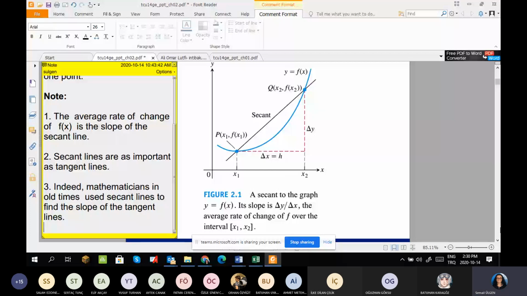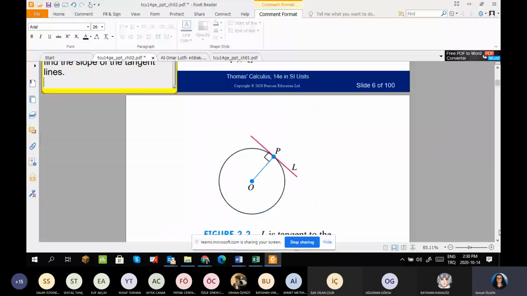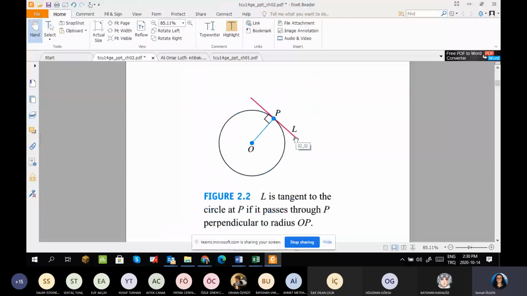Let's see a tangent line. Consider a circle. A circle has a radius r. We don't care how much, and it has an origin. Then we have a line intersecting the circle, the graph of the circle, at one point. This is the tangent line to the circle.